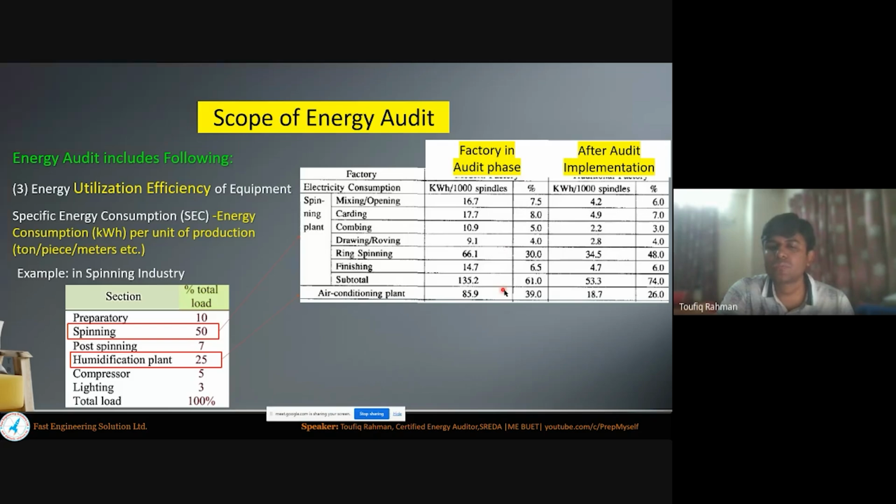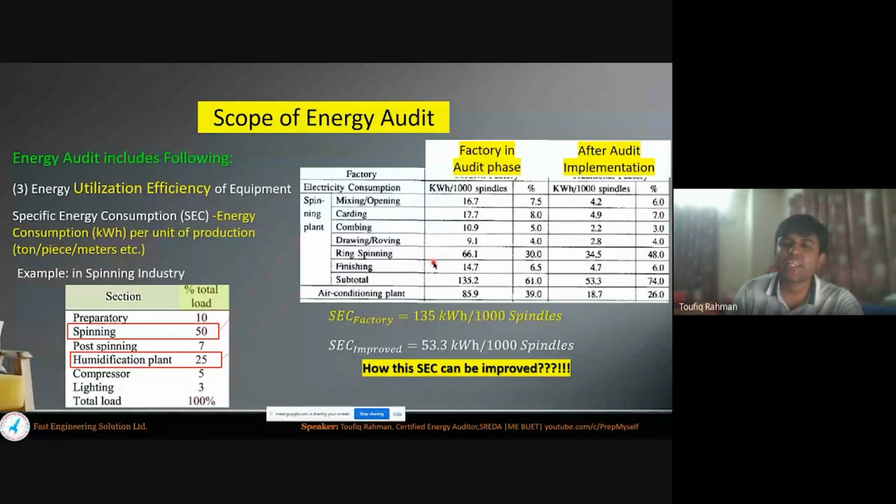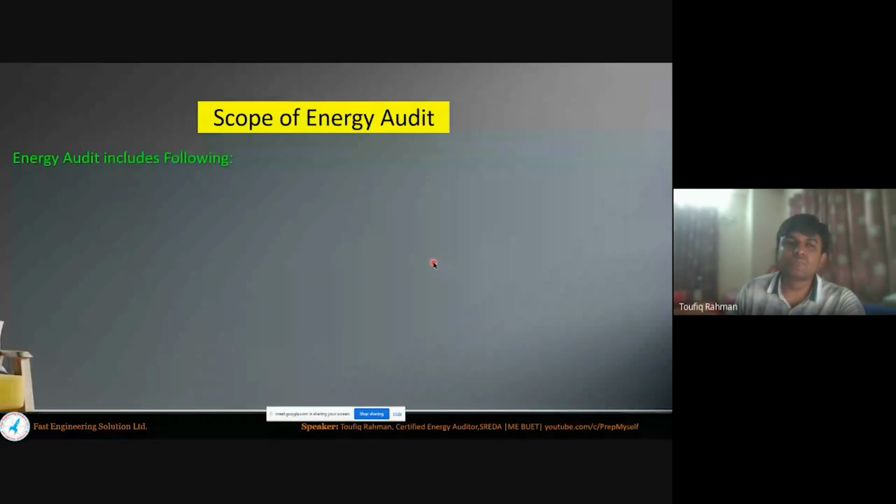So this kind of thing can be happening in the industries. Before audit, maybe 135 kilowatt hour is being used, but after audit 53 kilowatt hour is used. So how can this specific energy consumption be improved? This can be done by an energy audit.